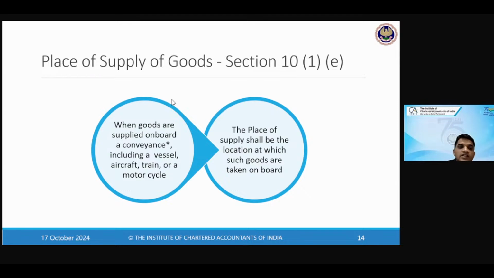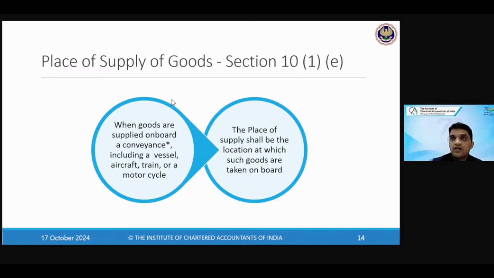Please explain 10(1)(e) again. When some goods are taken on board and sold on board a conveyance, when a conveyance is moving, like a ship is moving, a train is moving, a flight is moving, right?